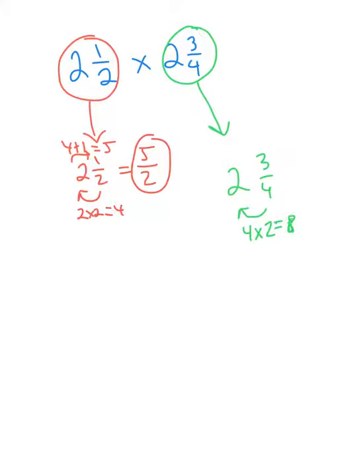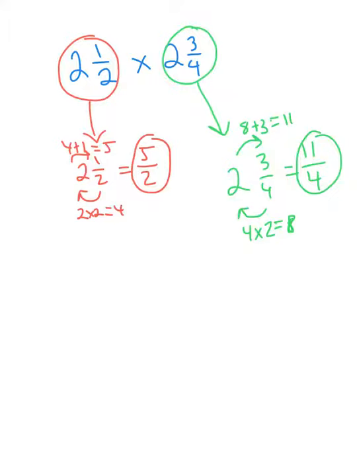And now I'm going to take that 8 up to the top, and I'm going to add on my numerator, which is 3. 8 plus 3 is 11. So on my new fraction, 11 is on top, and I'm going to keep my denominator 4. Okay. So now we're going to plug in our new fractions to our equation.